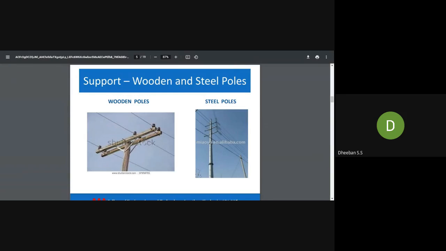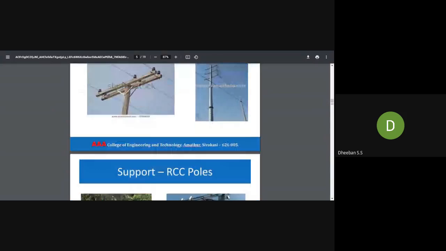First is your wooden pole. These wooden poles are used for 230 volt transmission, which is a three phase, three wire system. The steel poles come under the three phase, four wire system. Mainly these two will be used at your distribution side.